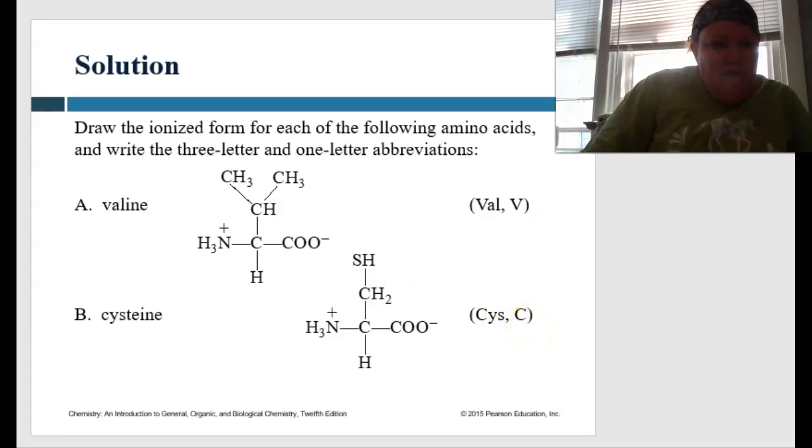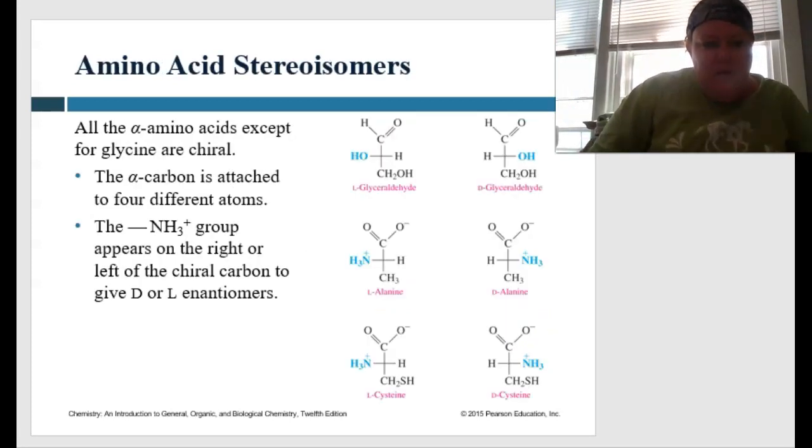Another way you can look at these is as stereoisomers. It's basically the same thing except for the location, right? All the alpha amino acids except for glycine are chiral. Remember, that was the mirror image guy. The alpha carbon is attached to 4 different atoms, and the NH3 group is going to appear either on the right or the left of the chiral carbon to give it either the D or the L enantiomer.